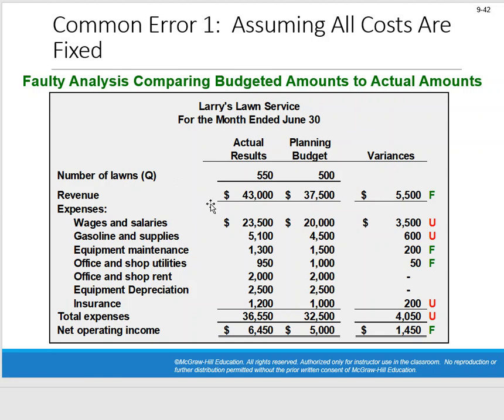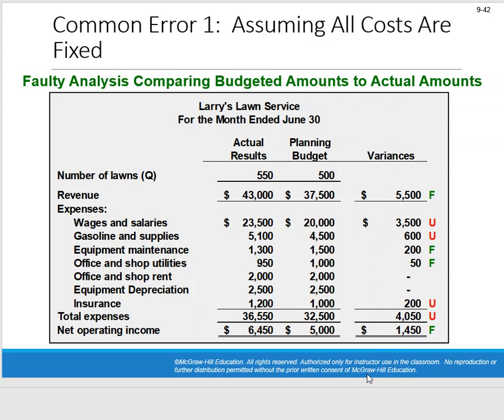So first of all, here we're comparing our planning budget and our actual results. Should we do that? That results in that 1450 variance that we had from the very beginning. But what this doesn't help us understand is whether that variance is because we have a greater level of activity versus our planning budget, or is it because we did a great job controlling our costs?